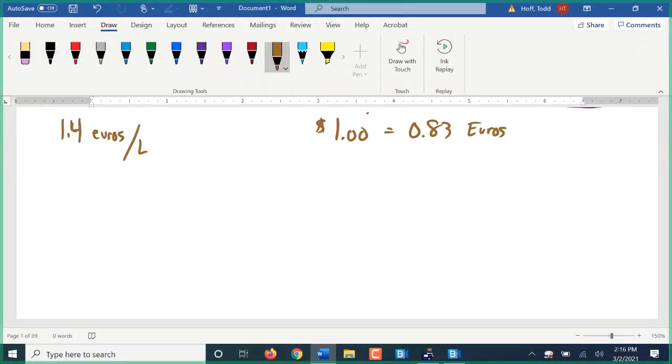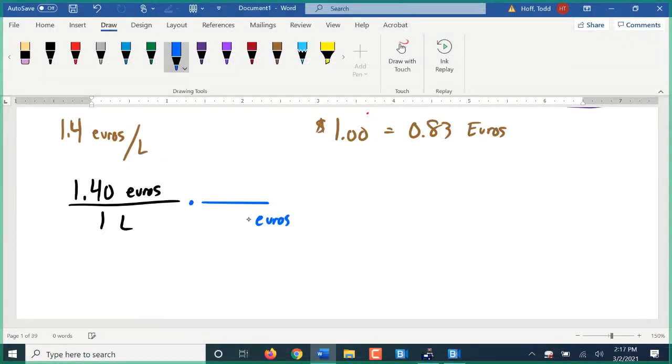So the dollar is worth less than a euro is what that's telling us. So to make this conversion, we're going to put this as 1.40 euros over 1 liter. We have to get rid of euros, so I'll put euros on bottom here. 0.83 goes with euros to the 1 U.S. dollar on top.